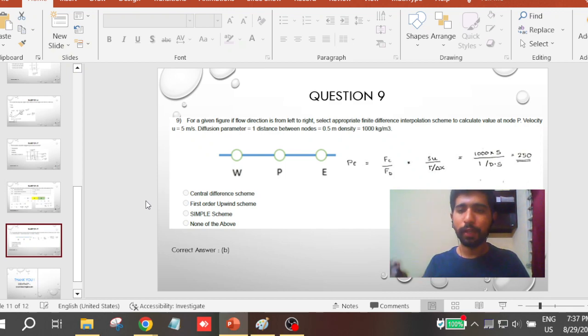We wrote it for two different convection schemes, first order upwind and central difference, and saw in which conditions which scheme will be better, and what happens by increasing the number of grid points. That is one learning to take home. Also, I'll be uploading this code, and you can try to implement a QUICK scheme upon this.